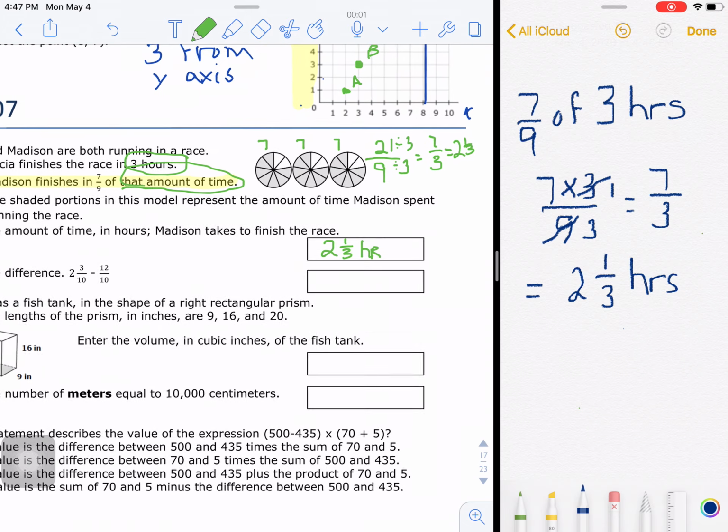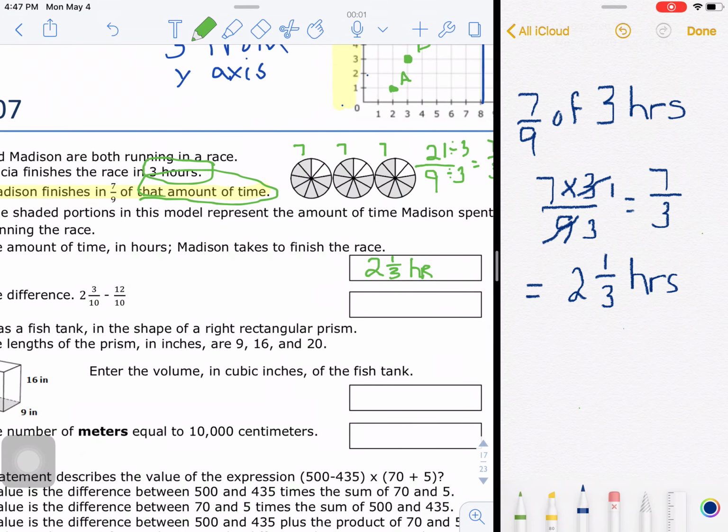Now, if we did an estimate, 7/9 is not quite 1 whole, right? So 1 whole of Alicia's time is 3 hours, so this is not quite 3 hours, if you're following my estimation there.